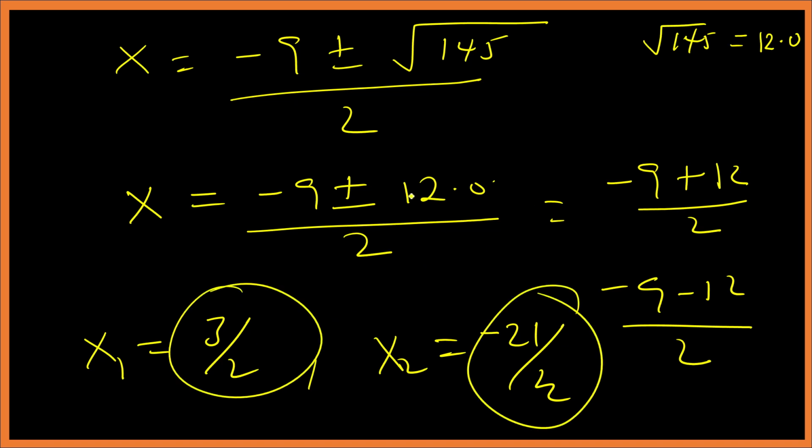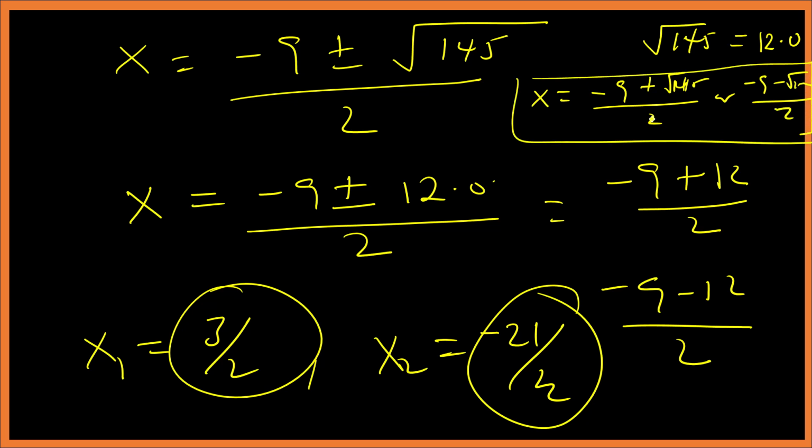Or you can keep it as x equals minus 9 plus square root of 145 on 2, or minus 9 minus square root of 145 on 2. So we have that. You can go that way. All right, so that's that.